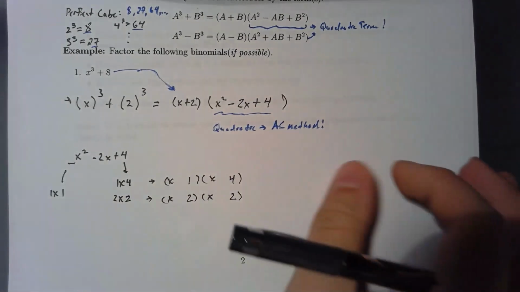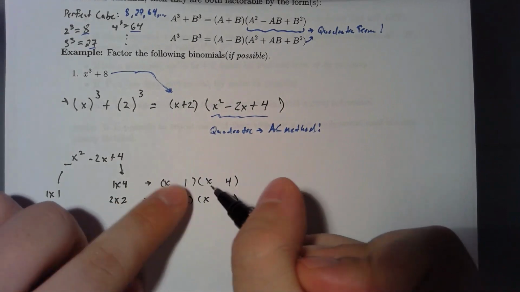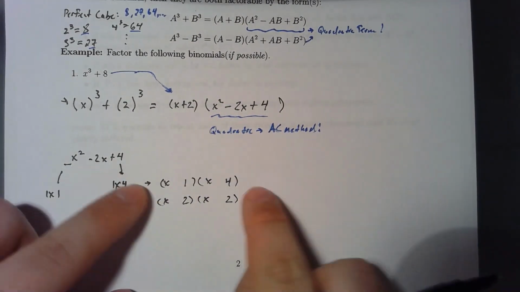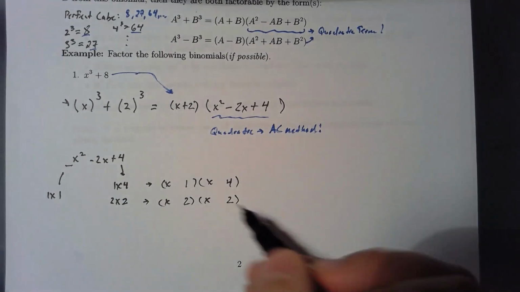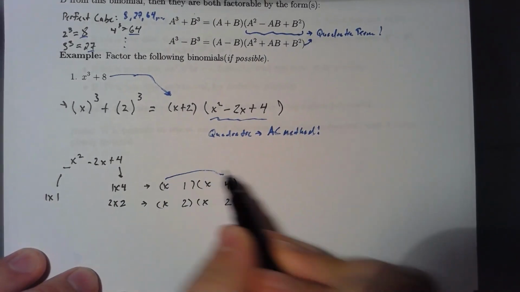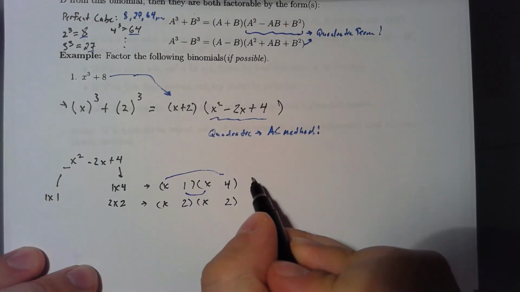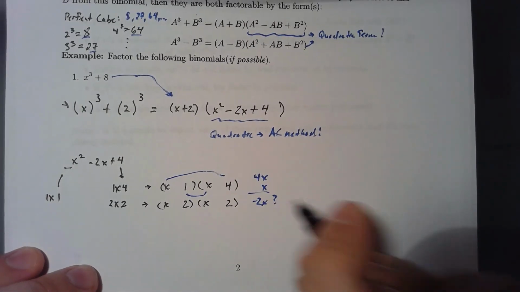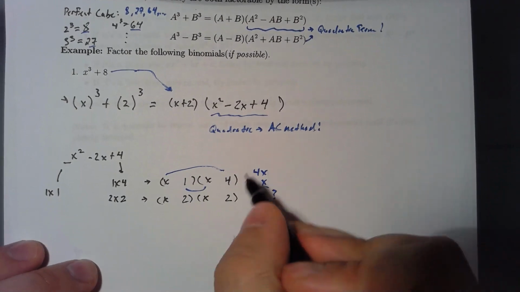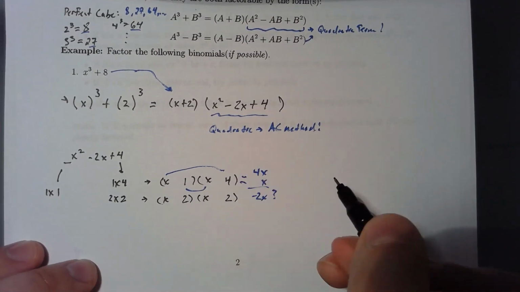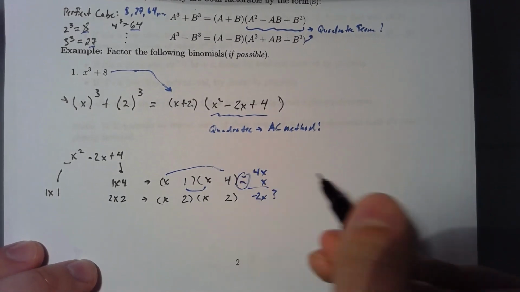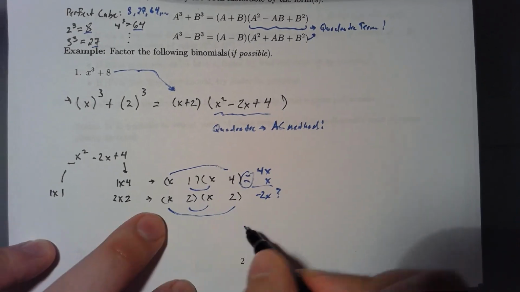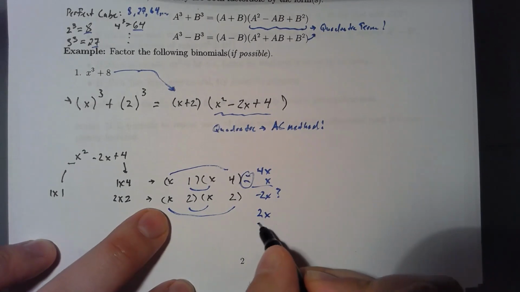Now I want to find the outside-inside combination that gives me -2x. If I look here, that outside, that inside, that's 4x and x. Is that going to give me -2x? No, it's not. What about this outside inside? That's going to be 2x, 2x.